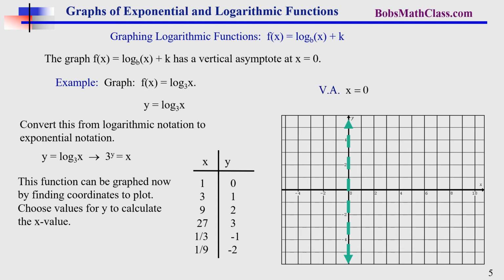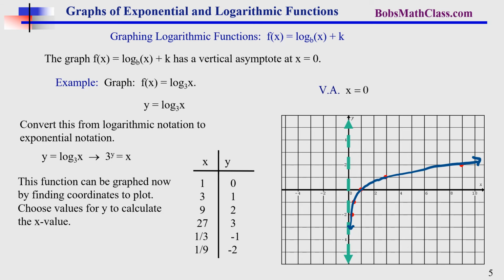You don't know to pick a 27 or a 1/3 or a 1/9 to get nice results. So you're going to have all these weird decimals and it's hard to know what to make of it. So just to recap, we change it from logarithmic form to exponential form, and then we choose numbers for y and plug it in to get the x values. Let's plot that. Those are our points, draw it in, and there's our graph.